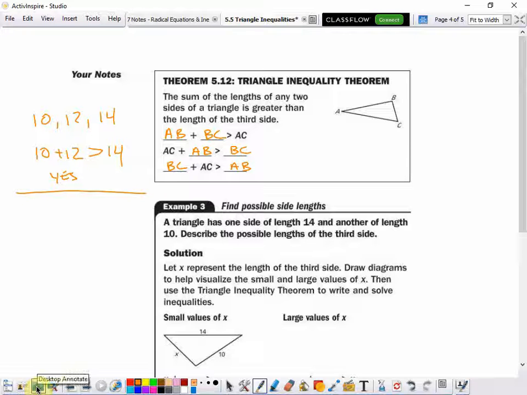If the sides are, say, 5, 9, and 16. The two shorter sides, 5 plus 9, is greater than 16? 5 plus 9 is 14. That is not greater than 16. So no, these three sides cannot make a triangle.